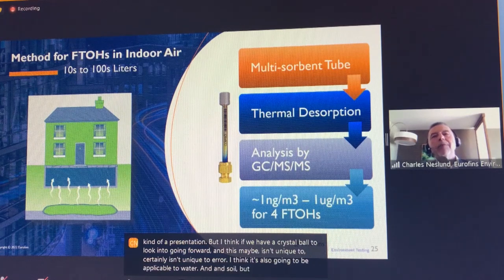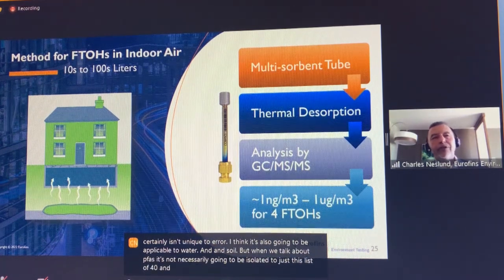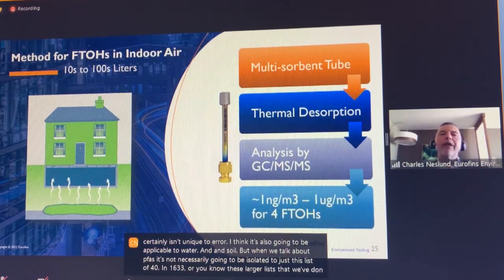When we talk about PFAS, it's not necessarily going to be isolated to just this list of 40 in 1633, or these larger lists that we've done by LC-MS/MS.